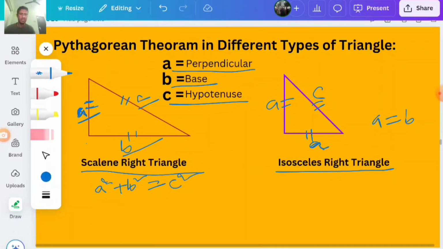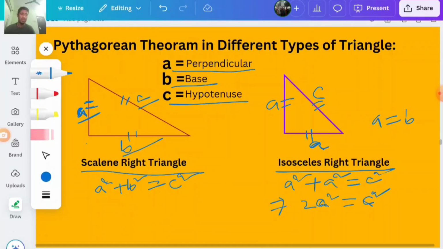But in this isosceles right triangle, the equation will be a square plus a square equals c square, because a equals b. So now 2a square equals c square. This is for the isosceles right triangle.